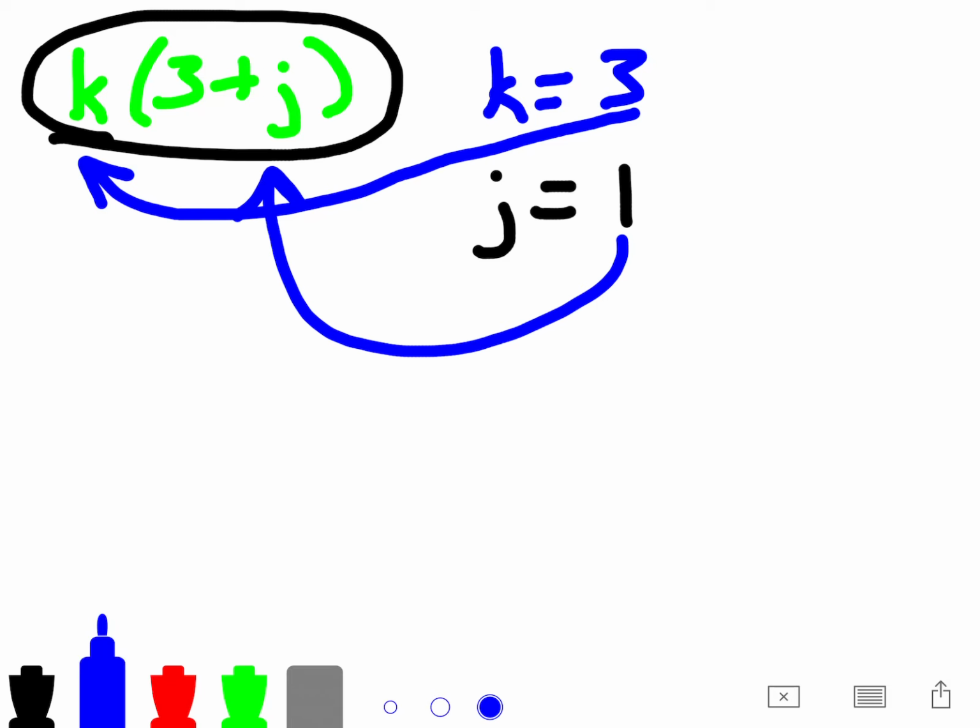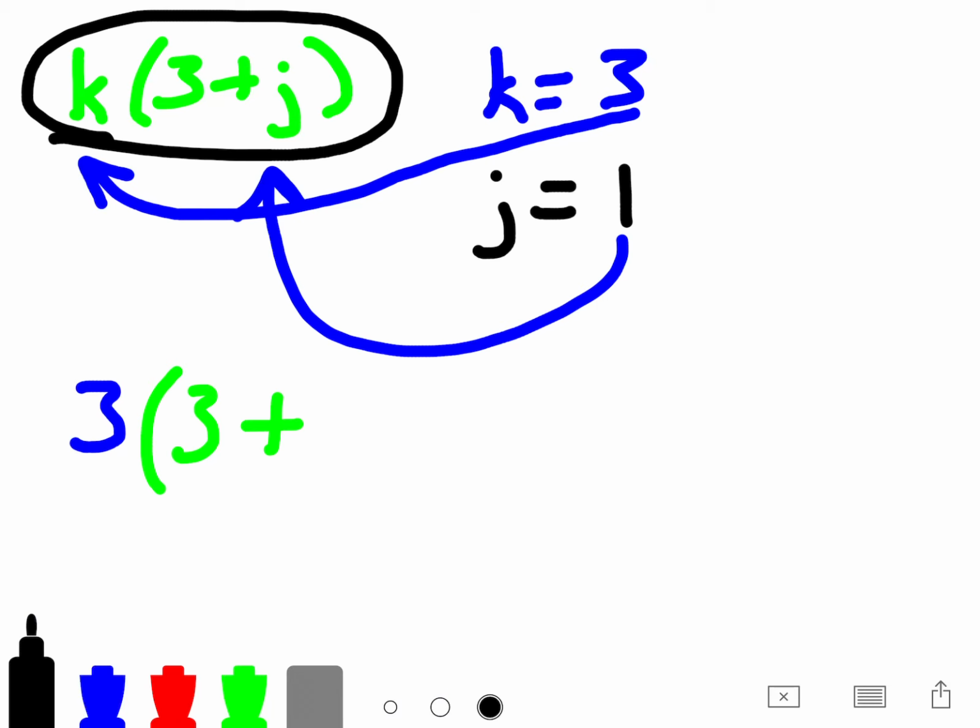Well, let's see. Okay, so k, I'm going to try and keep this color coordinated. So 3 times 3 plus j is 1. And now you know why we had to do order of operations first. Because what am I going to do? Am I going to times by 3, or am I going to take care of what's inside the parentheses first?